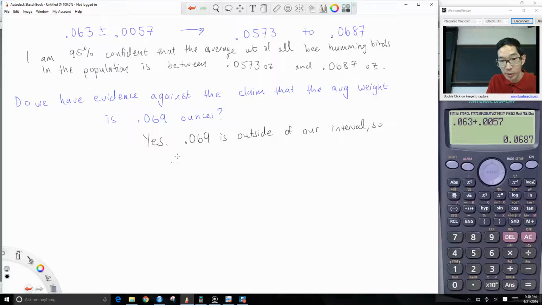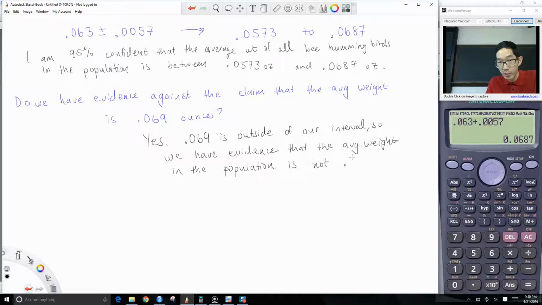So we say we have evidence that the average weight in the population is not 0.069.